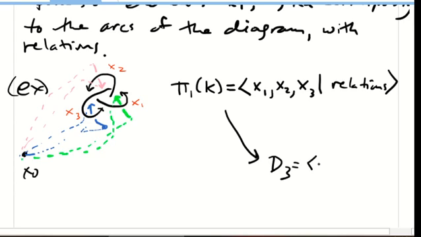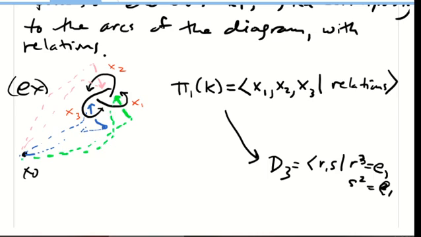Remember this thing is of the form R and S, with R to the 3 is a relation, because that's rotation. S squared is the identity.